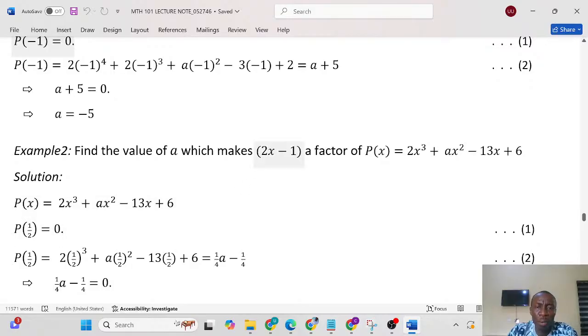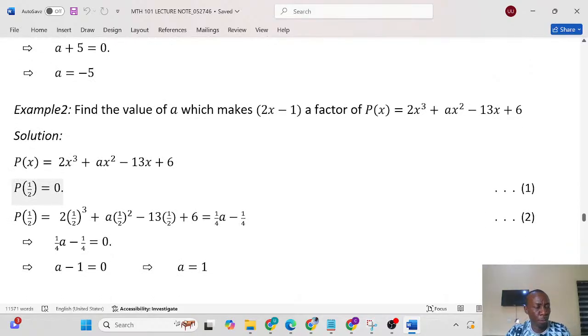Again, if you pick this factor 2x minus 1 and equate it to 0, you are going to have 2x equals 1. If you divide both sides by 2, you have x to be equal to 1 over 2. So that is why in this place we have p of 1 over 2 to be equal to 0.